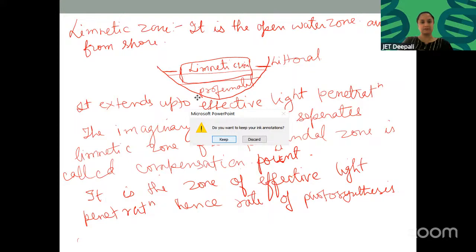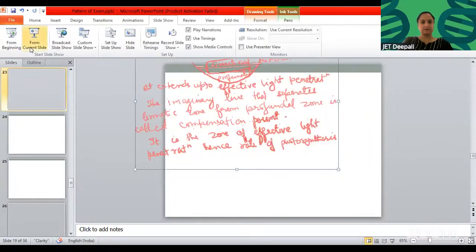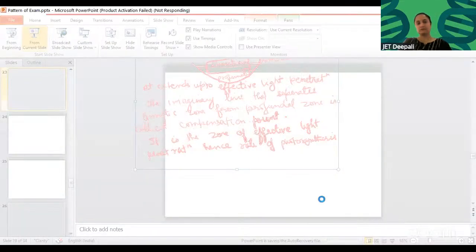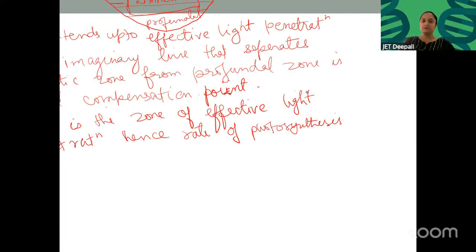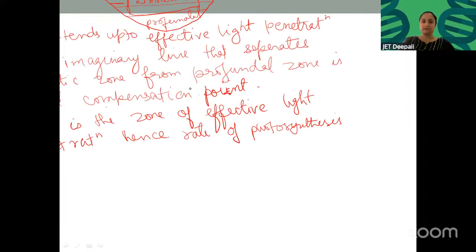Okay, so the effective zone has a rate of photosynthesis equal to the rate of respiration.